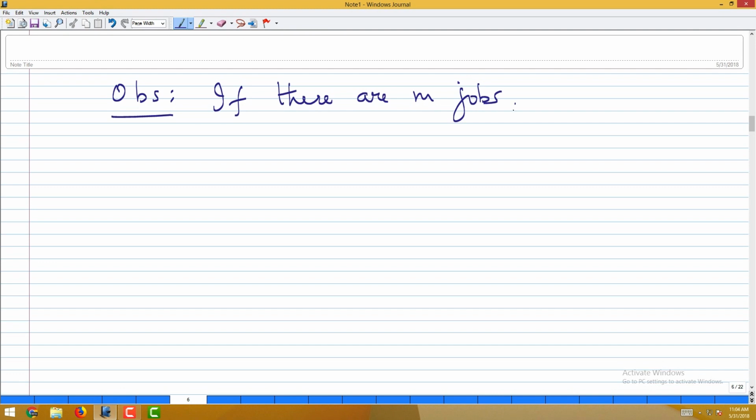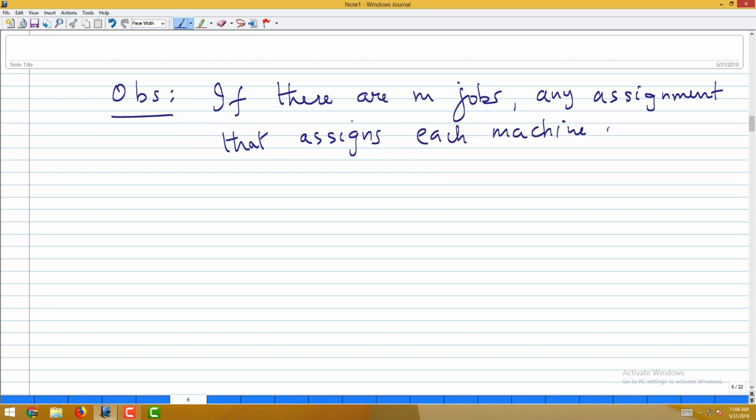Any assignment that assigns each machine one job is optimum. The approximation issue comes in only if there are strictly more than m jobs.